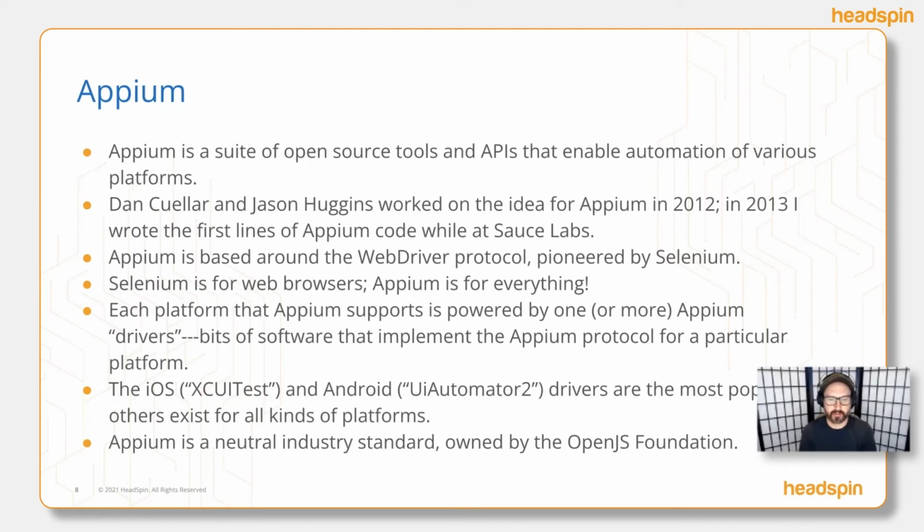And I transferred Appium's copyright from Sauce Labs to the JS Foundation a long time ago, because I made the argument that as a kind of neutral project being owned by a nonprofit rather than a single company in a competitive landscape, it would invite more contribution and have a chance at a longer life. And so I think that that's really been borne out. It's been really good for Appium and the community, and I guess specifically for HeadSpin, where we all are now, right?